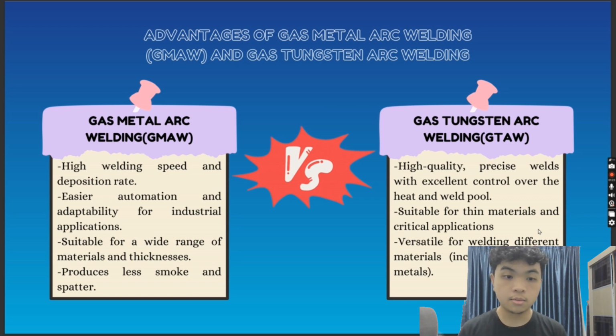It is also suitable for a wide range of materials and thicknesses, and it produces less smoke and spatter. The advantages of GTAW: it produces high quality, precise welds with excellent control over the heat and weld pool. It is also suitable for thin materials and critical applications, and it is versatile for welding different materials including dissimilar metals.